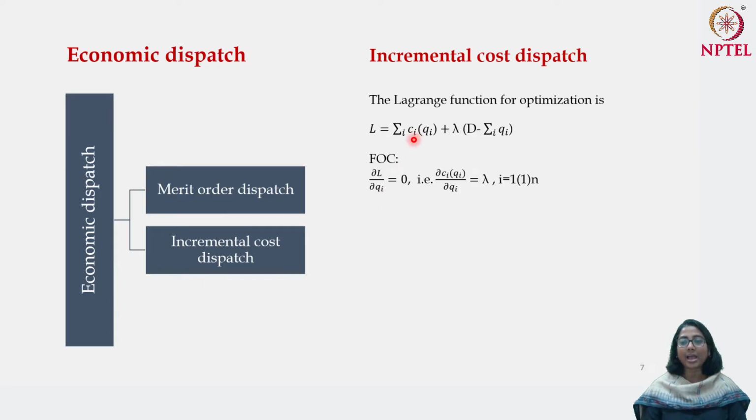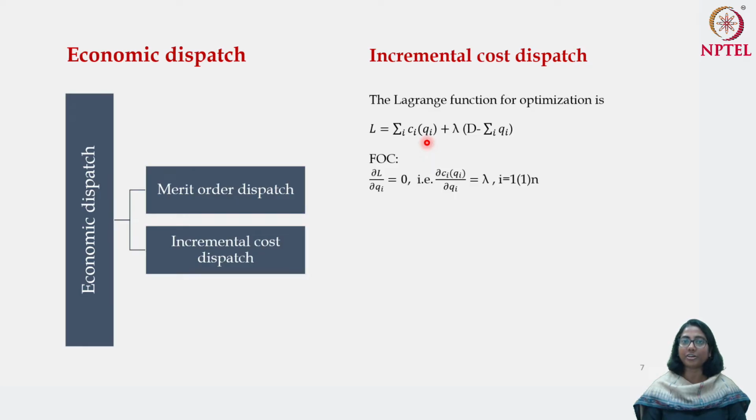In that case, I have C1 Q1 plus C2 Q2 plus Cn Qn here. But I am taking the derivative only with respect to Qi. If I take the derivative with respect to Q1, then C2 Q2, C3 Q3, all of these are constant. So what I am differentiating is only C1 Q1.